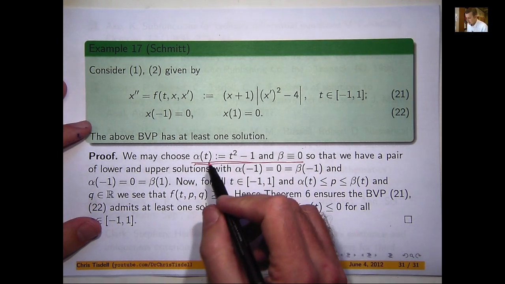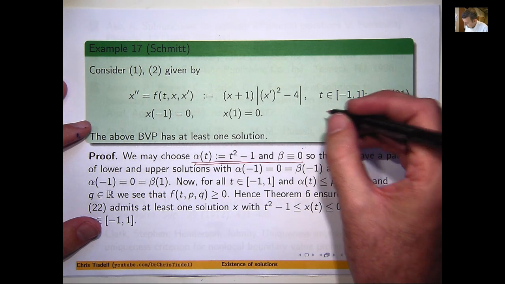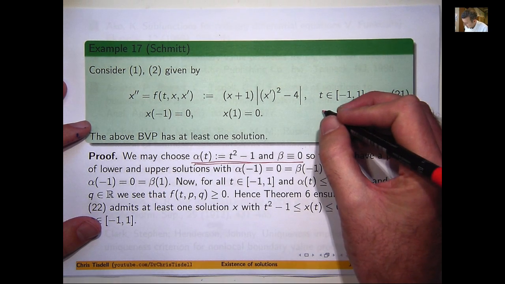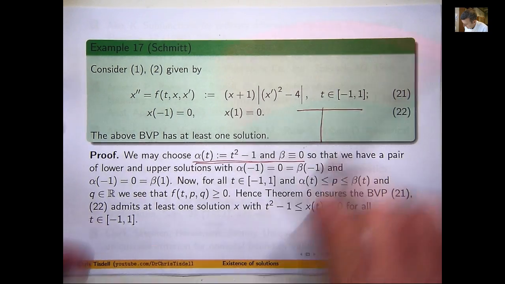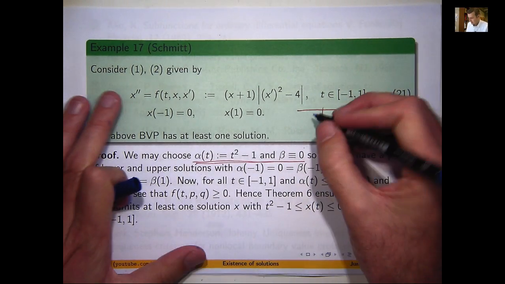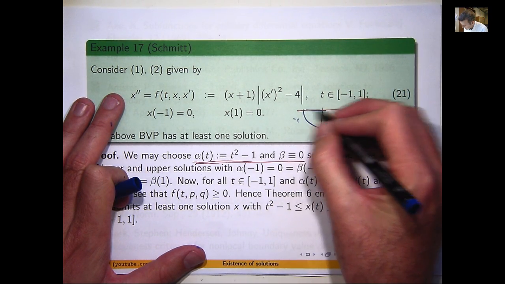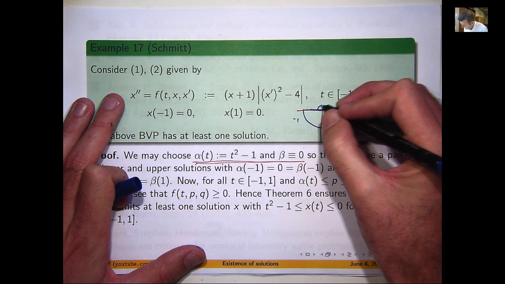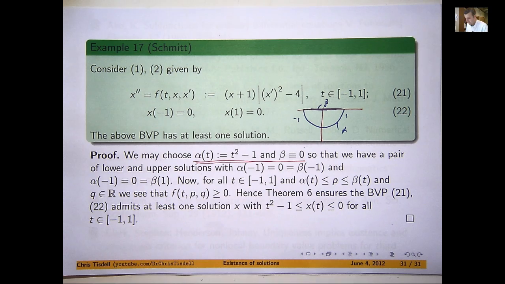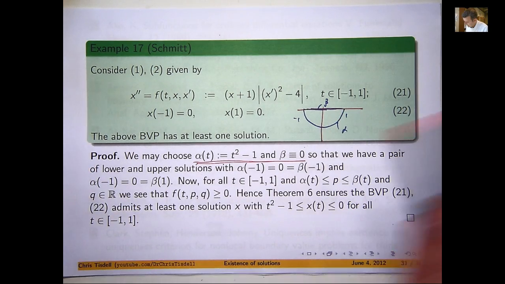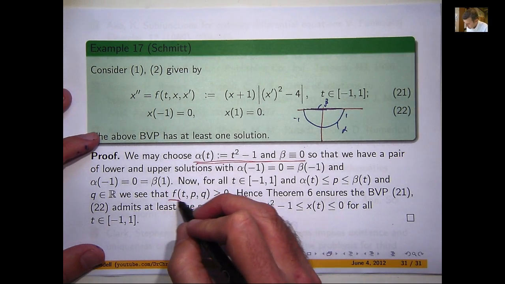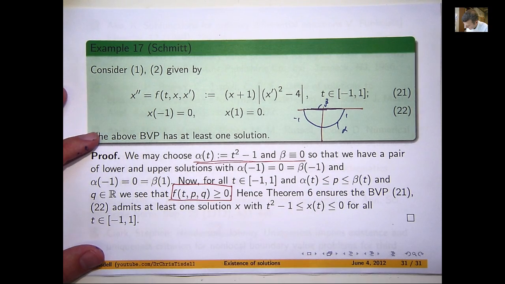In this example, I've chosen alpha to be t squared minus 1 and beta to be 0. Your lower solution is going to look something like this, and your upper solution is going to look something like this, and they pinch at the endpoints. You can show that on this set, on omega, f is bounded below by 0.